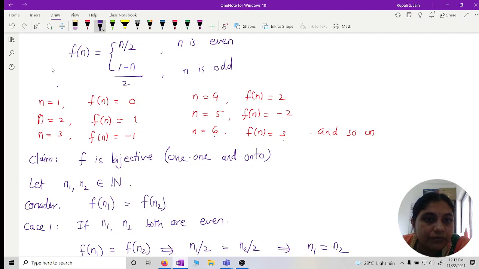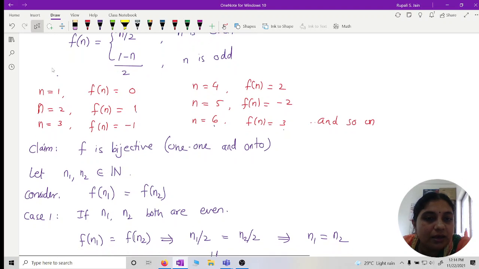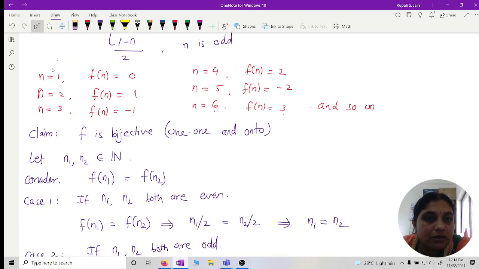From this we can easily have it, but we have to write it properly. How can we define it now?